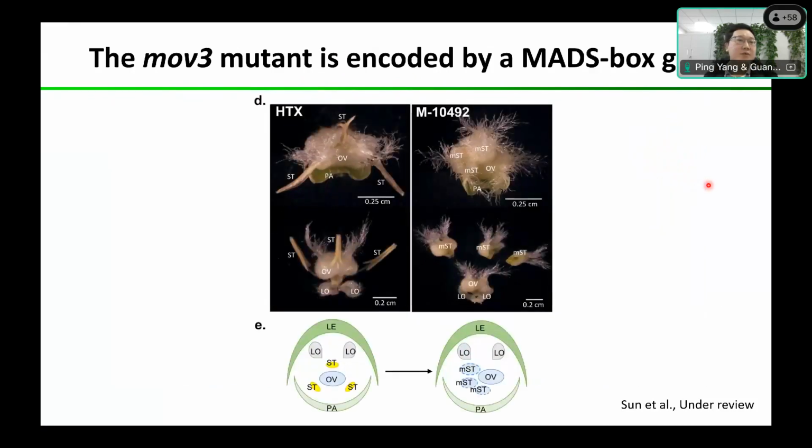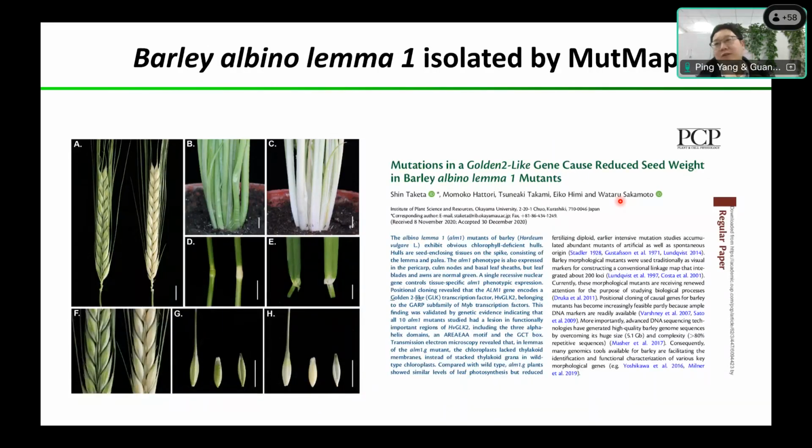Another story is the multi-ovaries phenotype. This mutant shows four ovaries. All three stamens are converted into ovaries. This gene encodes a homeobox gene. We also identified some genes that were already published.